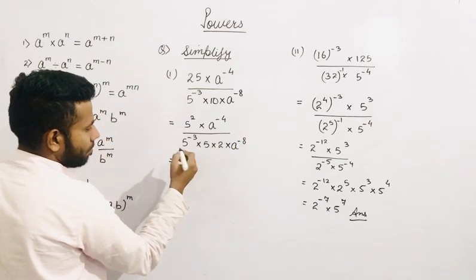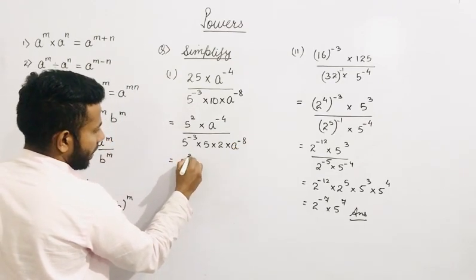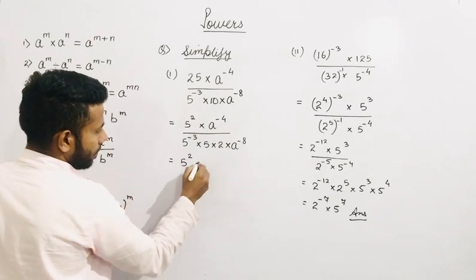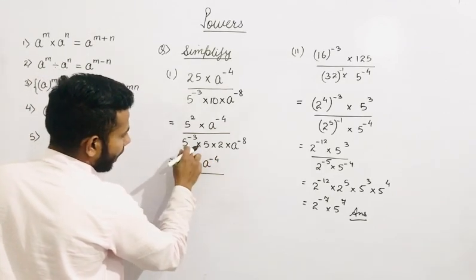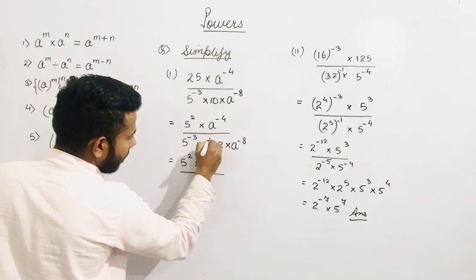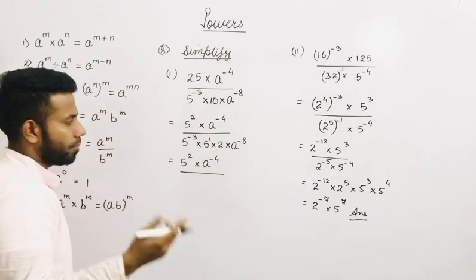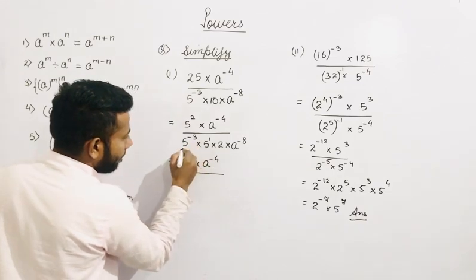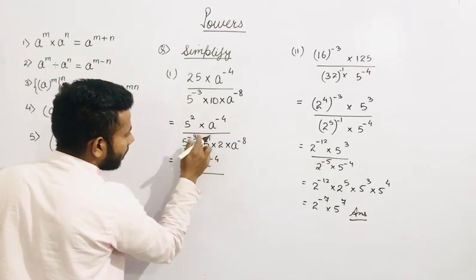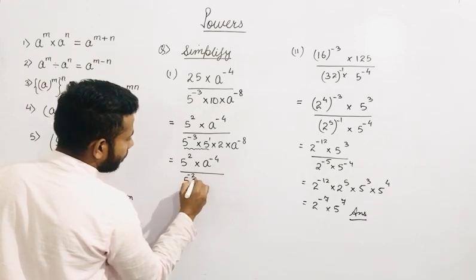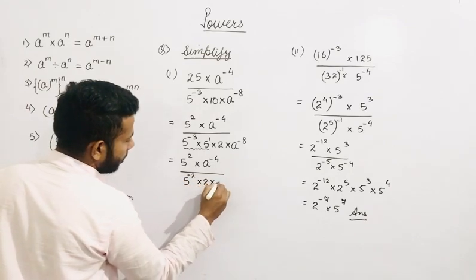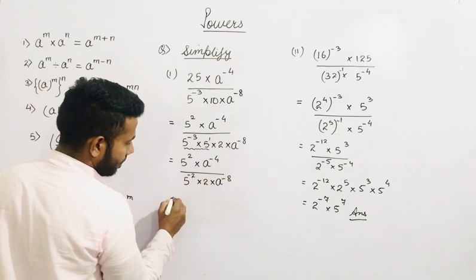I am going very step by step. 5 to the power 2 into a to the power minus 4 by, now 5 into 2, so it is 5 to the power 1. Now look, bases are same, the powers will get added. So minus 3 plus 1, minus 2, into 2 into a to the power minus 8.